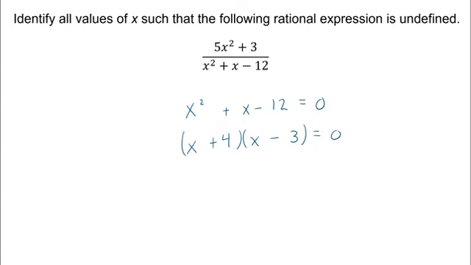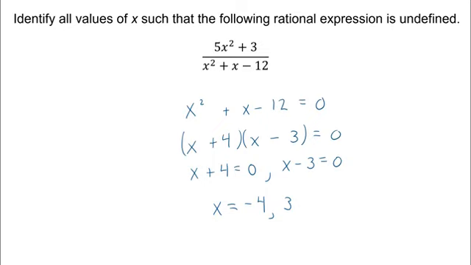The left side is fully factored, so let's take each factor and set each factor equal to 0. So we'll have x plus 4 equals 0 and x minus 3 equals 0. Now solve each of those linear equations. Subtract 4 from the equation on the left to get x equals negative 4, and add 3 to the equation on the right to get x equals 3.